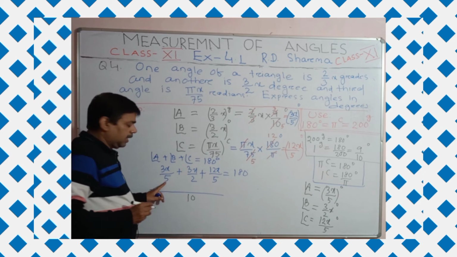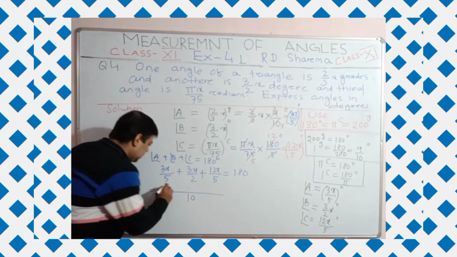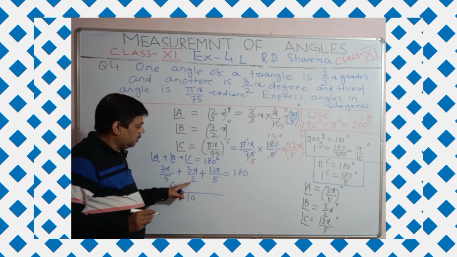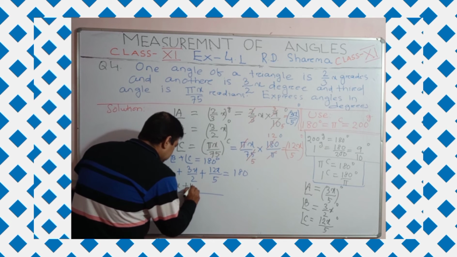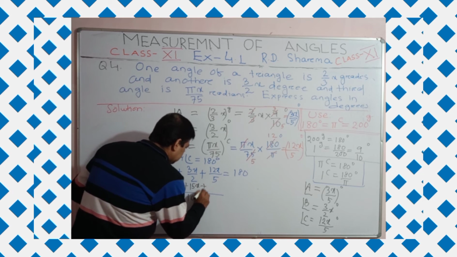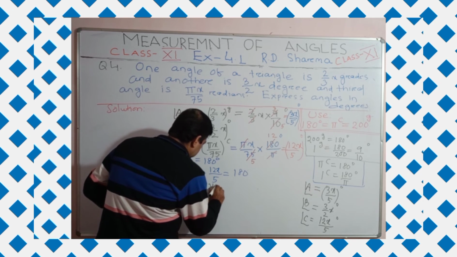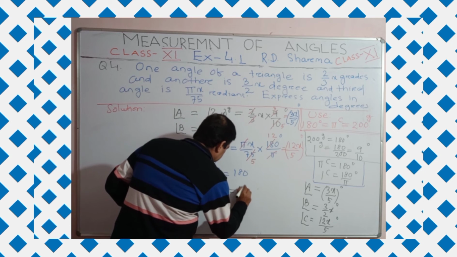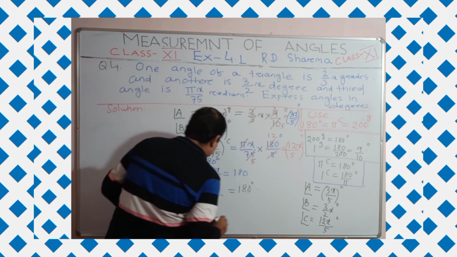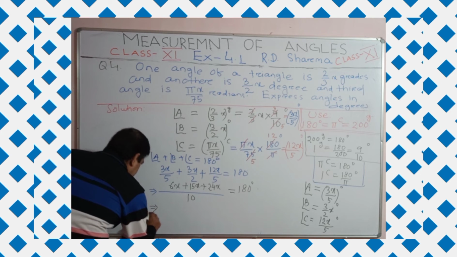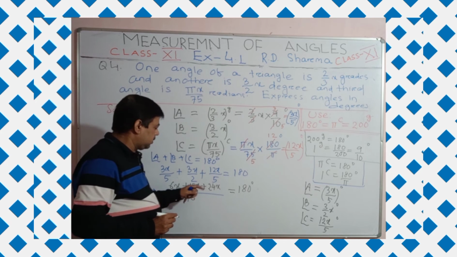So 10 divided by 5 is 2, 2 times 3x is 6x. 10 divided by 2 is 5, 5 times 3x is 15x. And 10 divided by 5 is 2, 2 times 12x is 24x, is equal to 180 degree. So that implies 6x plus 15x plus 24x.